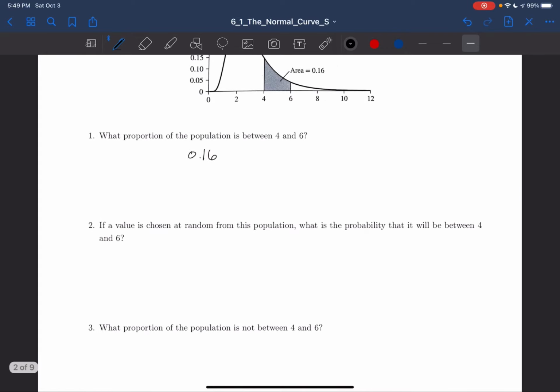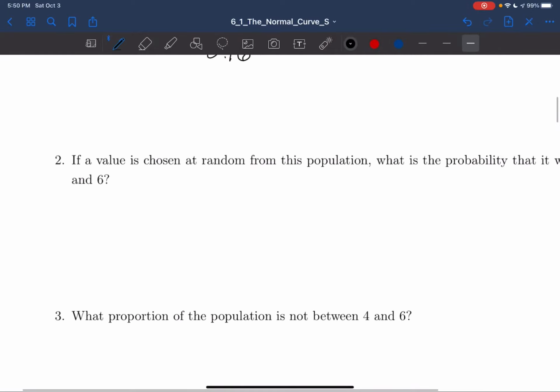But what if you're asked: if a value is chosen at random from this population, what is the probability that it will be between 4 and 6? This is asking for probability. Using notation, this is asking what is the probability that this random value, I'm just going to call it x, is between 4 and 6.